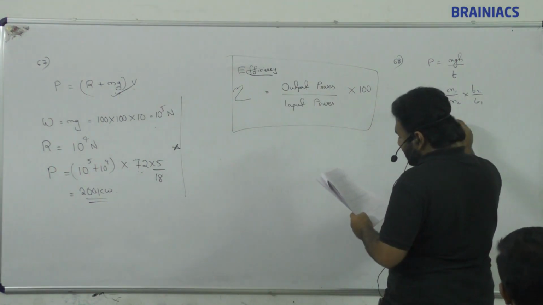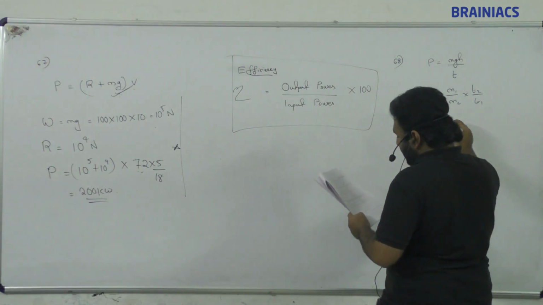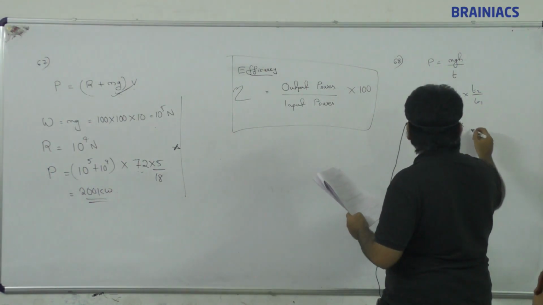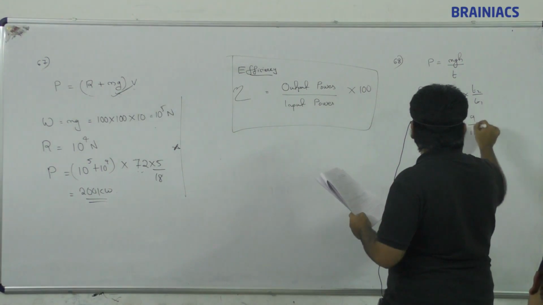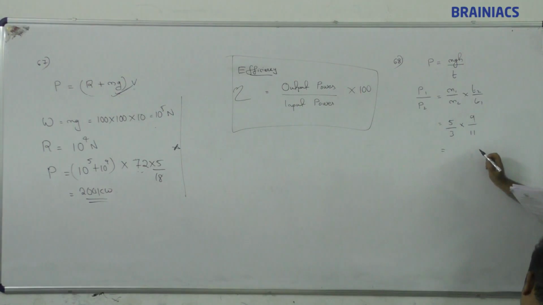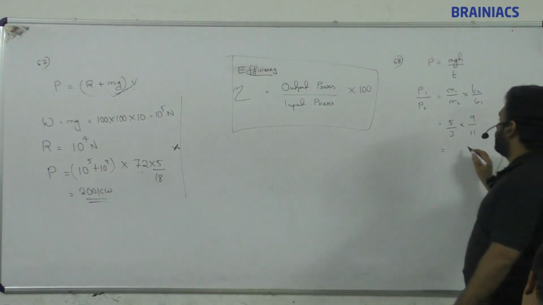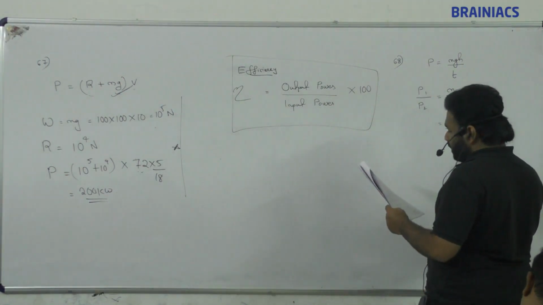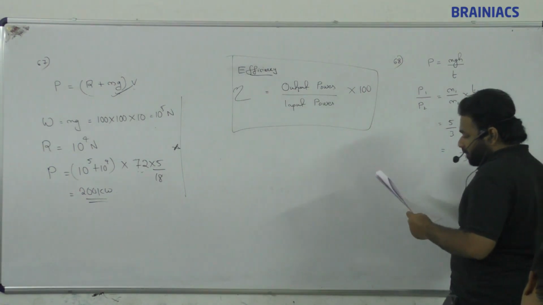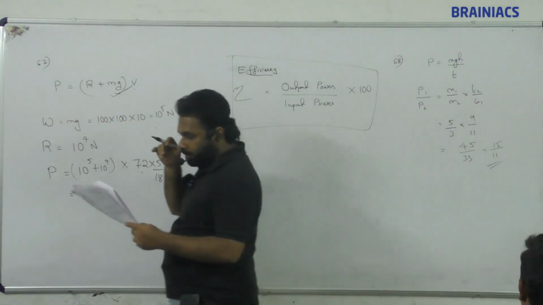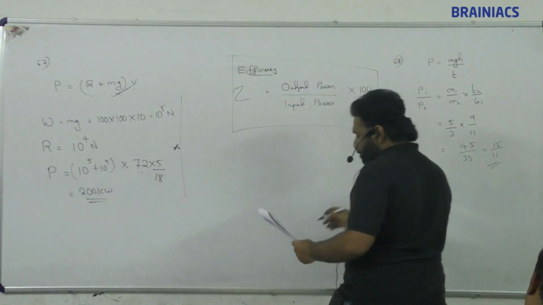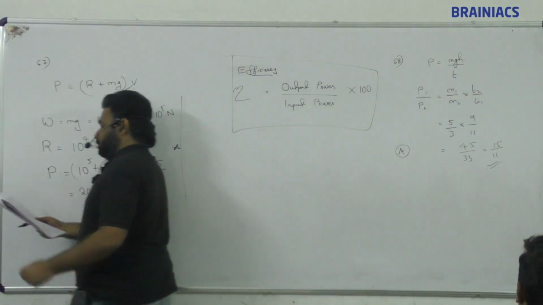So mass is in the ratio 5:3, this is how it will come, 5/3 into 9/11. So this is going to be 45 divided by 33, we can say 15/11. 15/11. Option A.